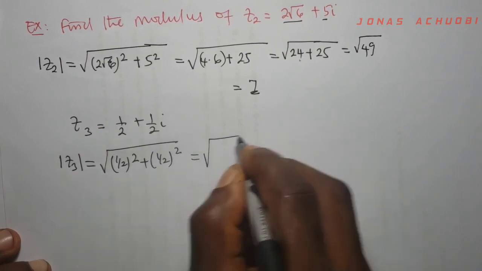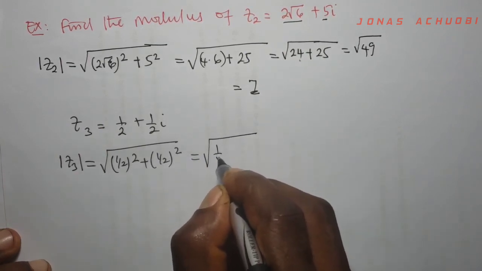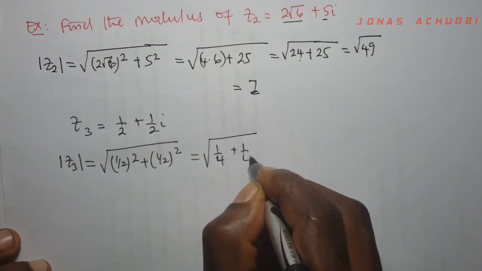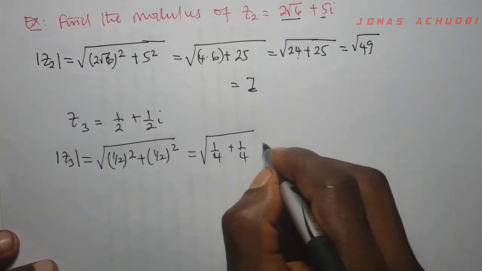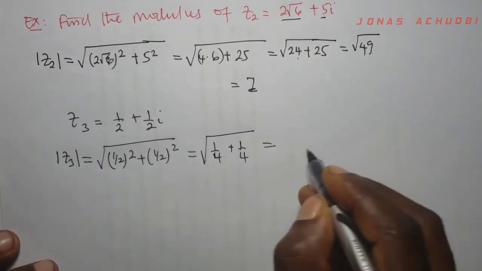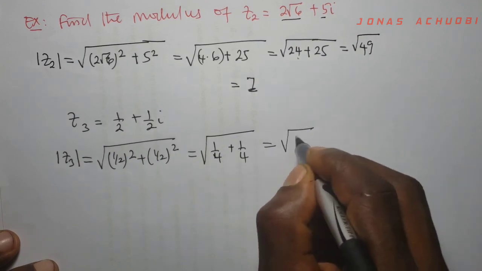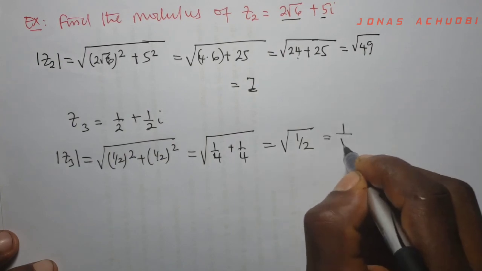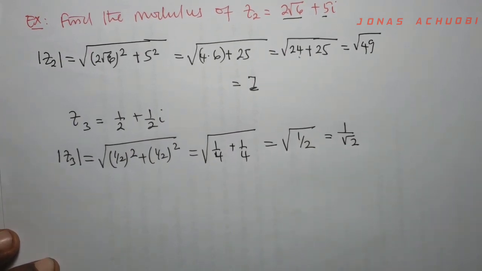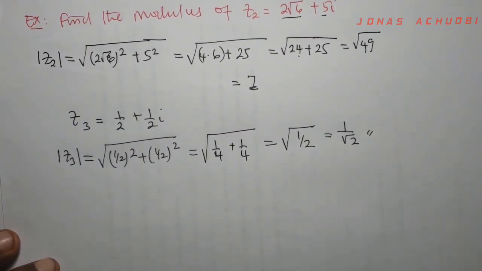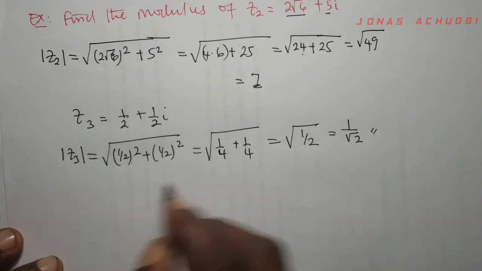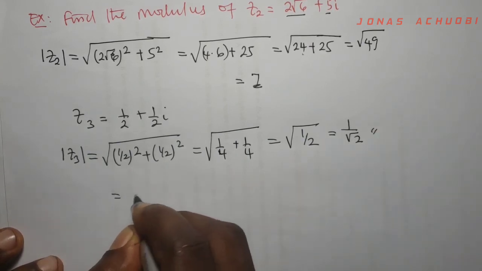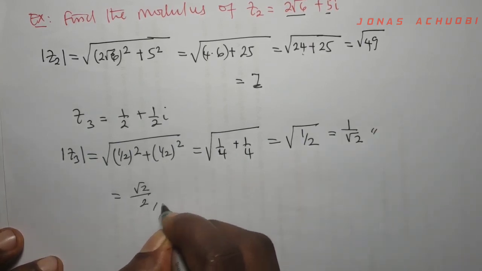That gives us the square root of 1 over 4 plus 1 over 4, and 1/4 plus 1/4 is equal to a half. We can write this as 1 over the square root of 2. You can stop here if you want, or go ahead and rationalize. If you rationalize 1 over root 2, you get root 2 over 2 units.